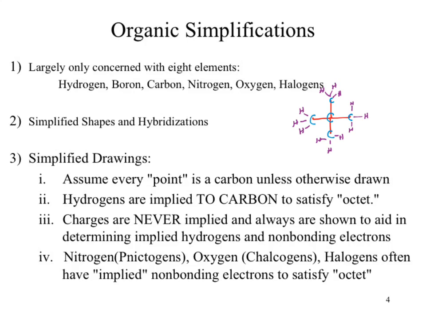Next rule in our simplification. We will never, ever, ever imply charge. Okay? Charge must always be specified. One of the primary reasons, or our first example of it, can happen in this case.